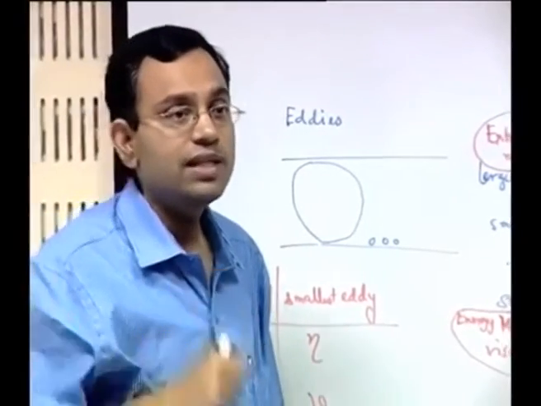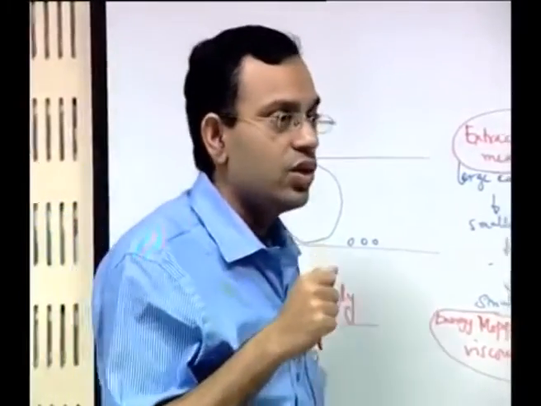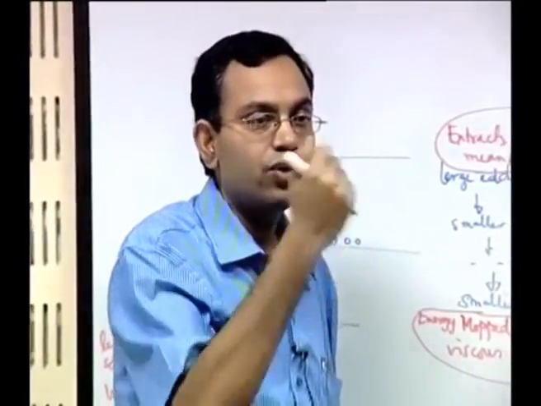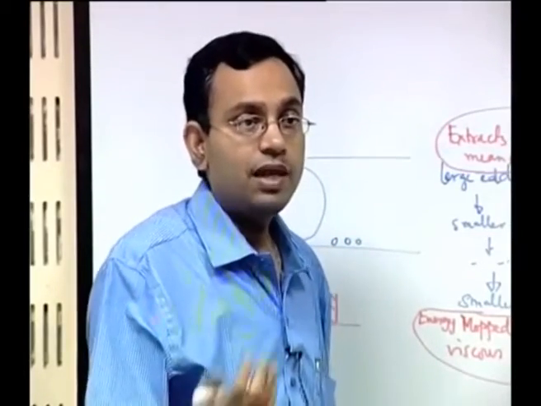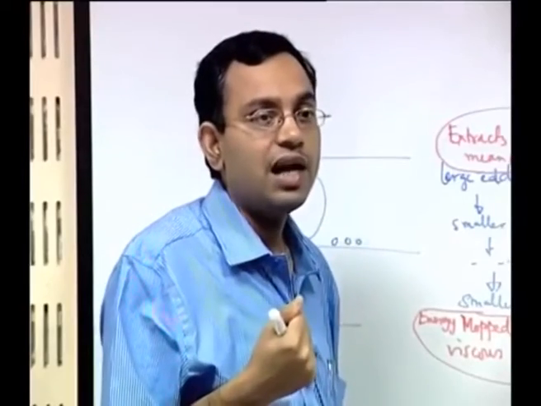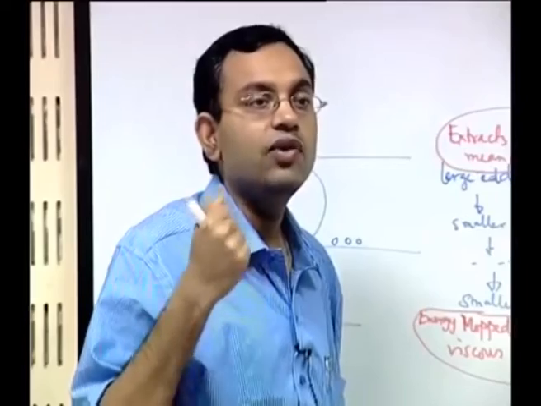So, regarding the small eddies, the smallest eddies will be just good enough to dissipate all the energy through viscous dissipation. That means the smallest eddy will be characterized by a corresponding Reynolds number, based on that length scale, of the order of 1.